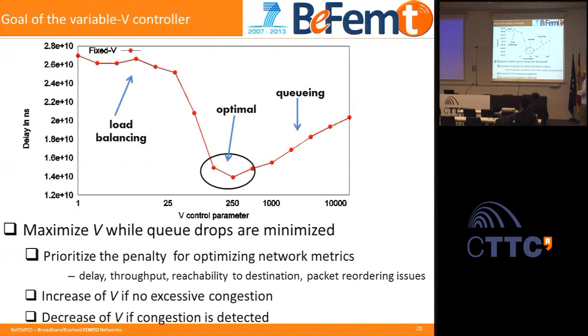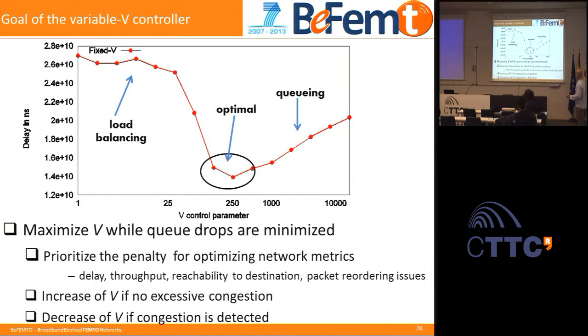So ideally, in this variable V algorithm, we would like to maximize the penalty function if we can, but without incurring into Q drops, and also without incurring into high queuing delays.